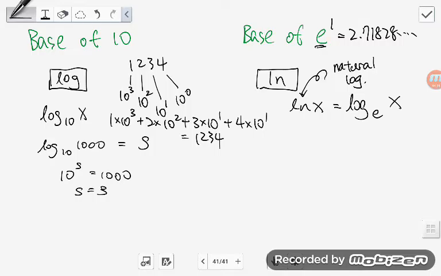So let's take a look at some examples. For example, let's say ln of e. So this is equal to log e to the base of e, correct?